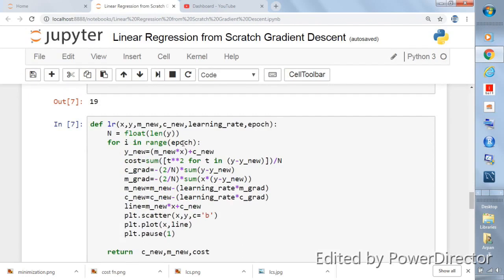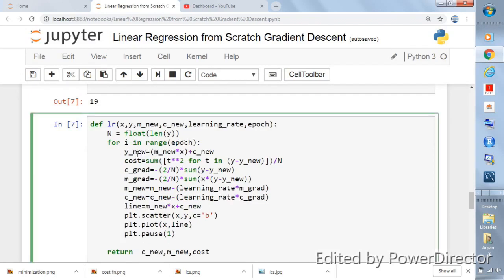So in the first iteration, we want the y predicted; y actual is y, y predicted is y new, which is m new times x plus c, that is mx plus c. Once we know the y predicted, we can find the cost function. Cost function is this one, y minus y new, and for each data point we square them, add them, and divide by the number of observations.